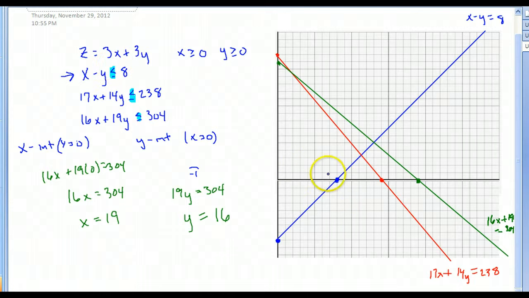This says less than, so it appears we'd have to shade below it, but because the Y is negative, you do the opposite of what this says. So this says less than, but since the Y is negative, we're actually going to shade above it. So this is shaded above in the blue. Let me do it this way. I wasn't thinking, I'll use the highlighter, the blue highlighter. So we shade above the blue line.